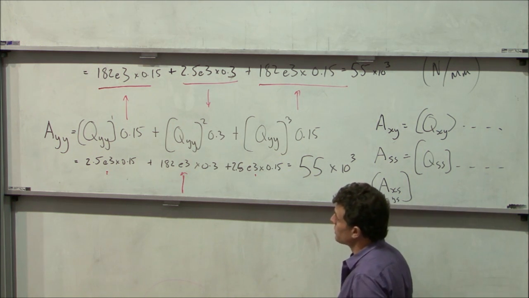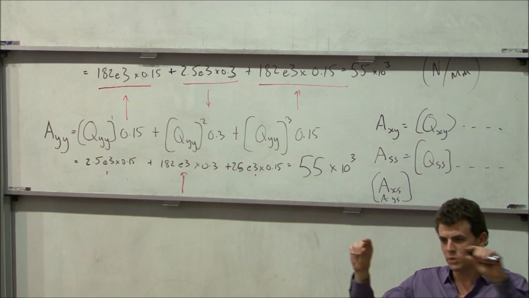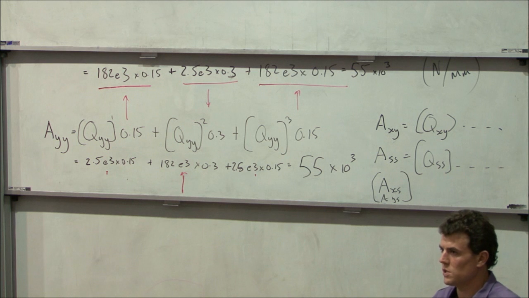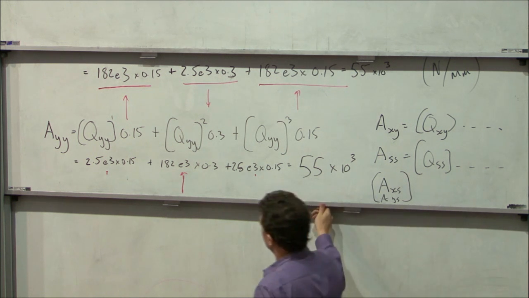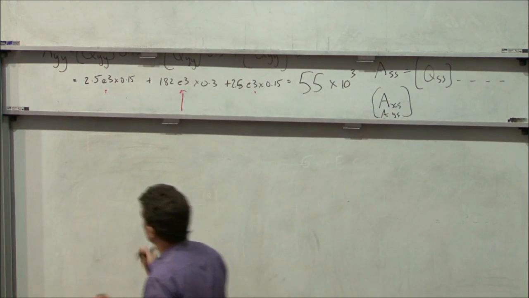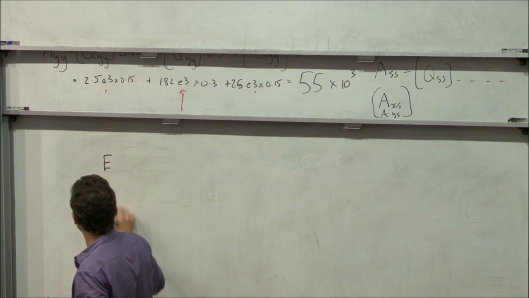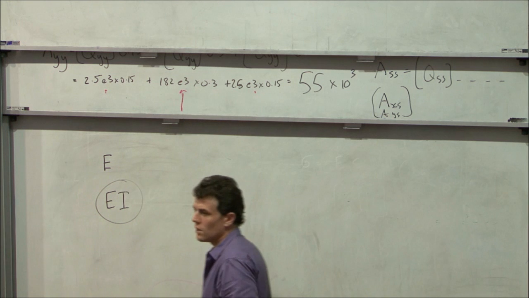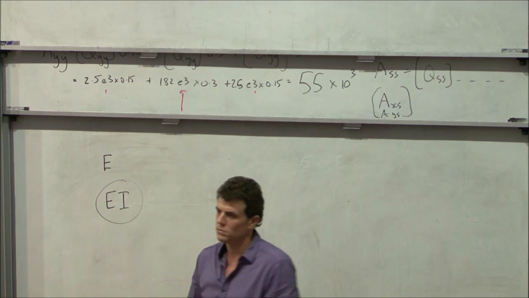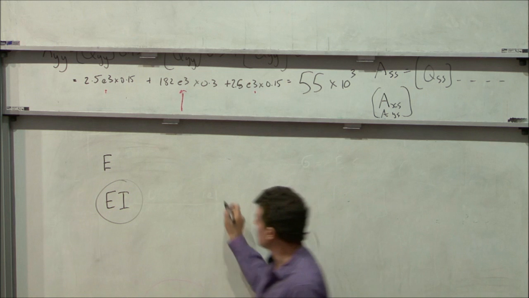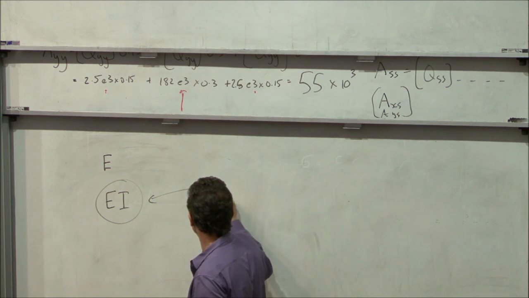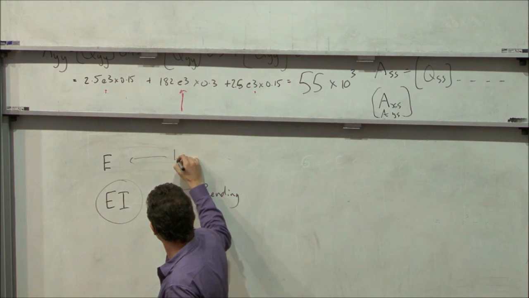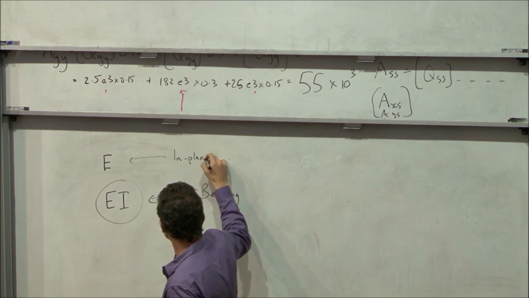The only other factor that comes in is the thickness. Materials that are thick have higher bending stiffness than materials that are thin, because in all the equations there's an EI, and I is a geometry term. So anything to do with bending has an EI. Anything to do with in-plane loading just has an E.